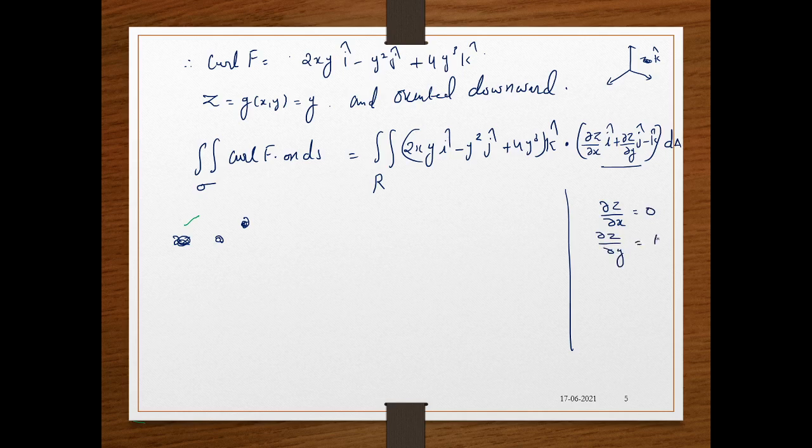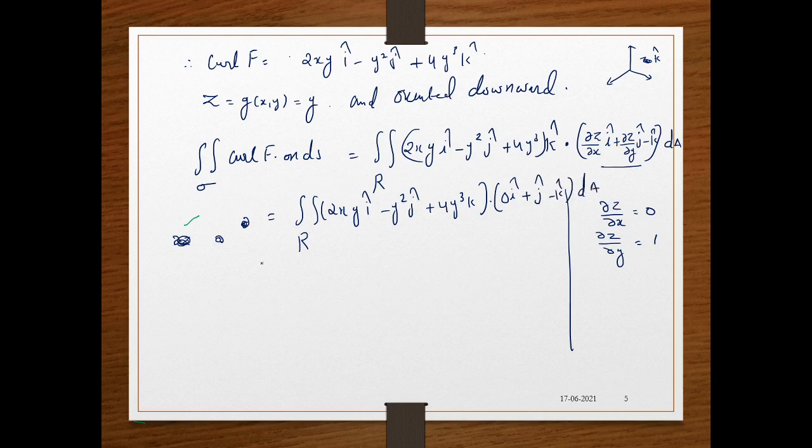So now we can write this double integral over R of 2xy i minus y squared j plus 4y cubed k dot (0 i plus j minus k).